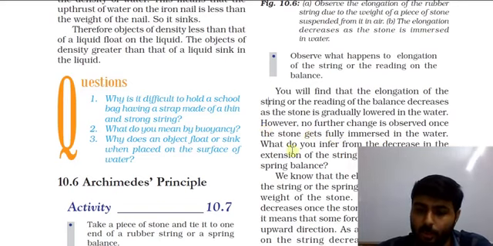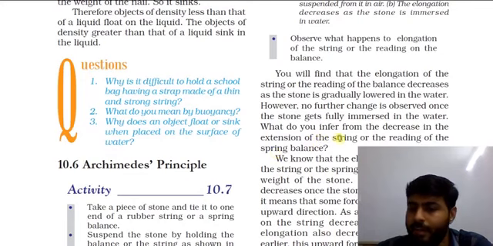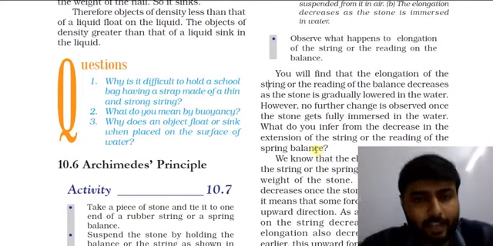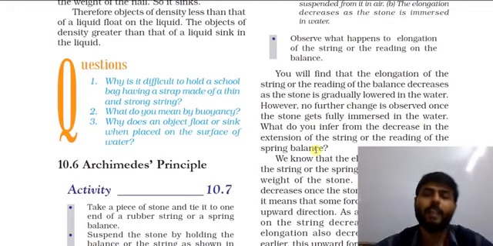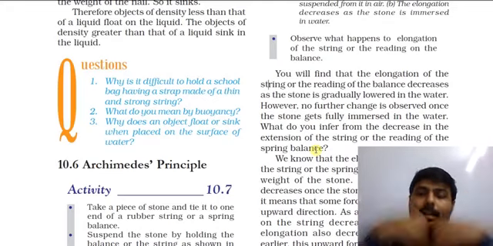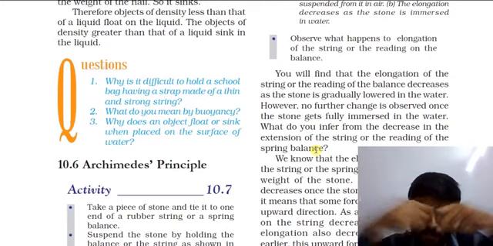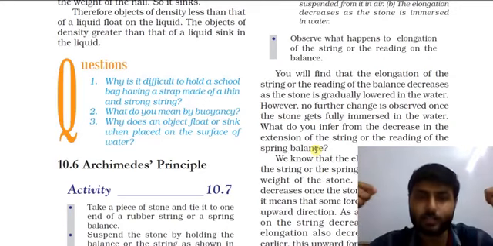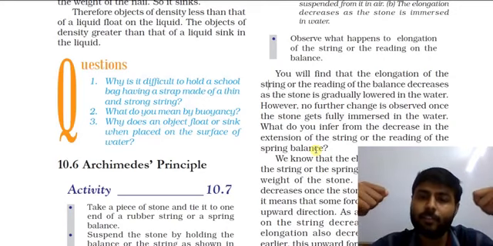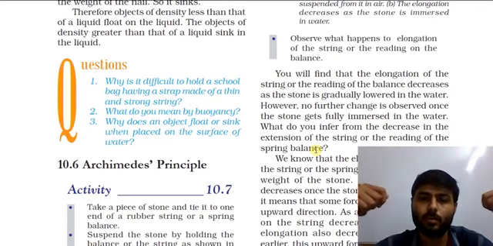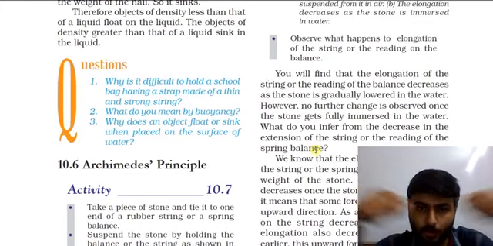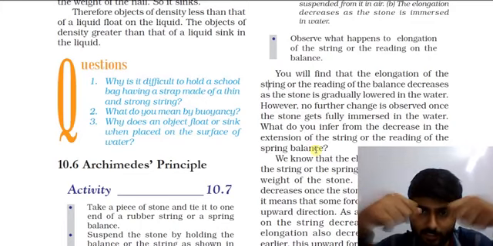So we have this point here. What do you infer from the decrease in the extension of the string or the reading of the spring balance? What can we infer here? We know that if we want to stretch a rubber band, we have to apply force like this, in opposite directions. And if we want to shrink the rubber band, we have to remove this, or apply force in this direction like this.